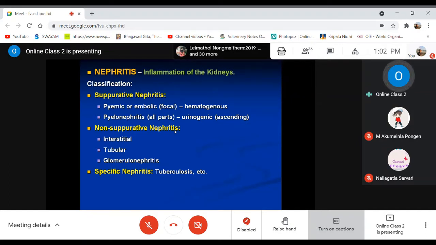If emboli are present in the vessels supplying a particular part of the kidney, then sometimes pathogenic organisms, infectious agents getting into the system, go through the blood circulation and reach the kidneys, particularly the vessels supplying that particular point, which has emboli.